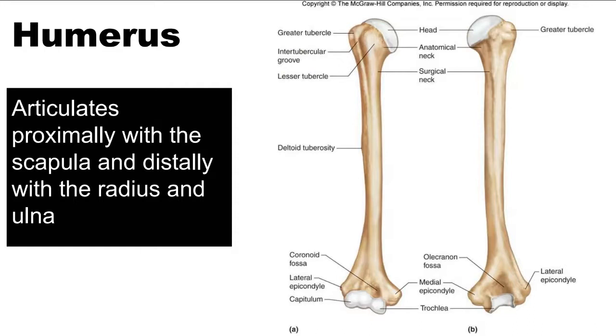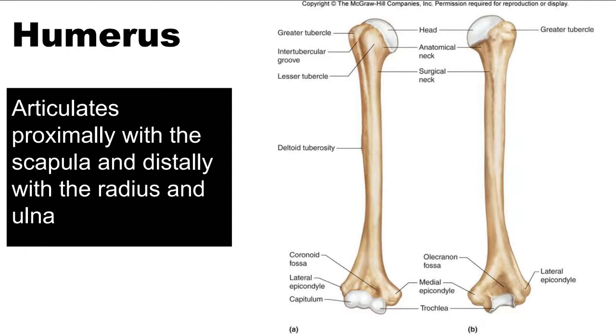The humerus, or upper arm, articulates proximally with the scapula and distally with the radius and ulna. The anterior and posterior humerus have landmarks to help us identify those perspectives.